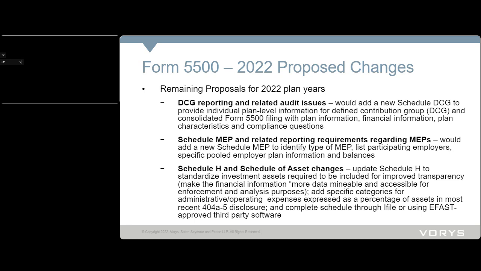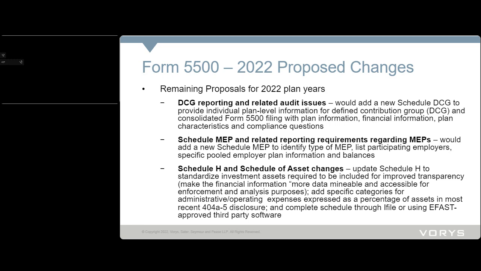And then Schedule H and Schedule of Asset Changes, which would be applied more broadly. This would update the Schedule H to standardize investment assets that are required to be included. The agency said this is for improved transparency. They used the actual quote that it would make the financial information more data mineable and accessible for enforcement analysis purposes.